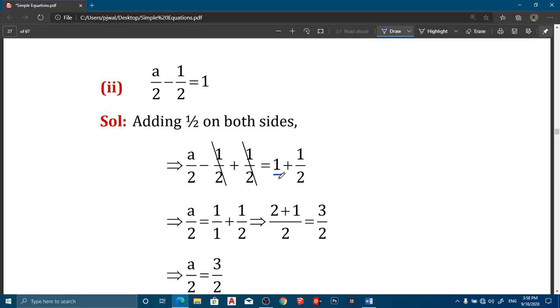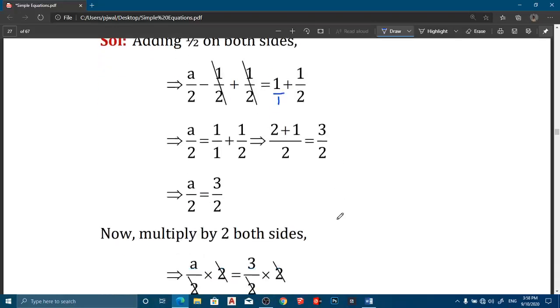By taking LCM or by taking the cross multiplication method, 2 ones are 2 plus 1 ones are 1, and multiply the denominators, 1 2 is 2. Which gives 2 plus 1, 3 by 2. So this is the addition of these two fractions. This method is applicable only to two fractions, not for three fractions.